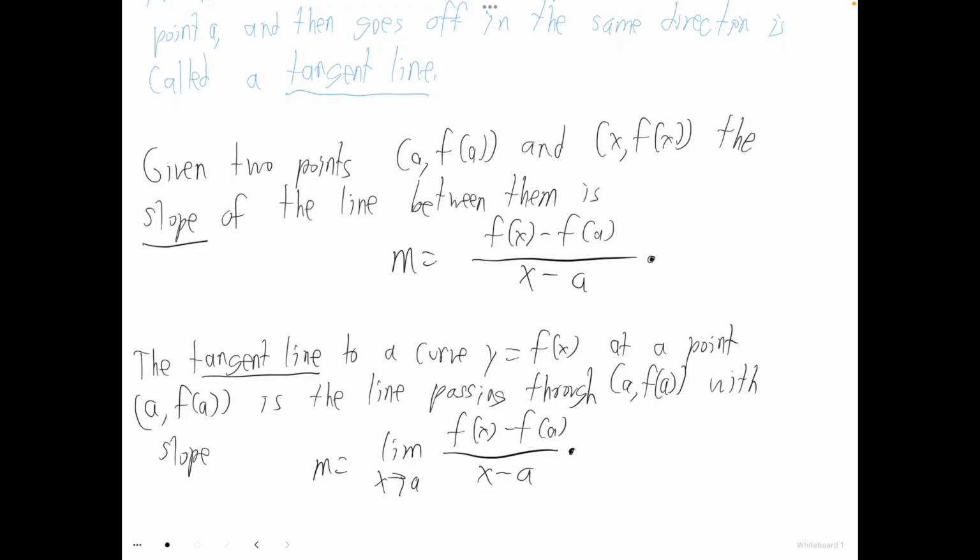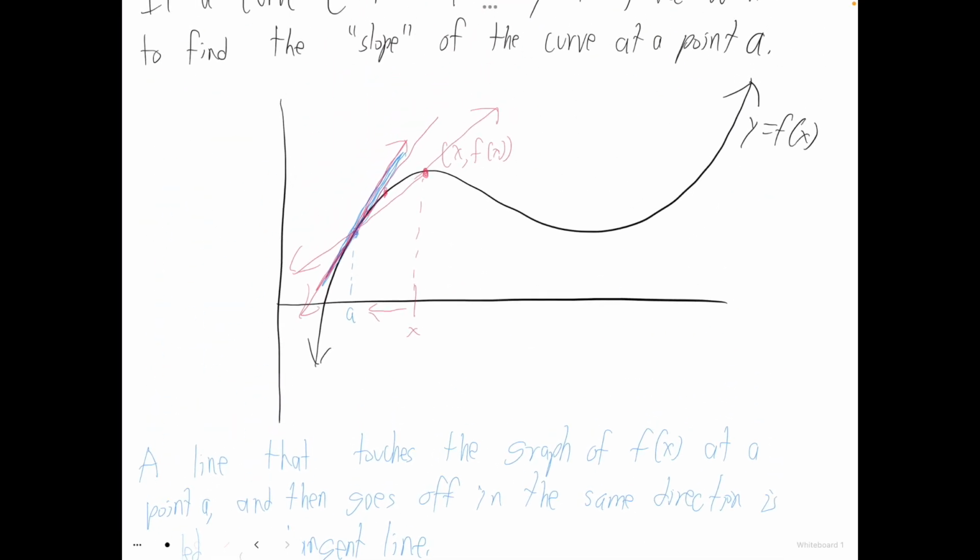So now this is exactly the situation we were just describing in our picture, that we're picking a point x, and then we're taking the limit as the point we're picking gets closer and closer to our point A. And as we do that, we get closer and closer to this tangent line that we are looking for.